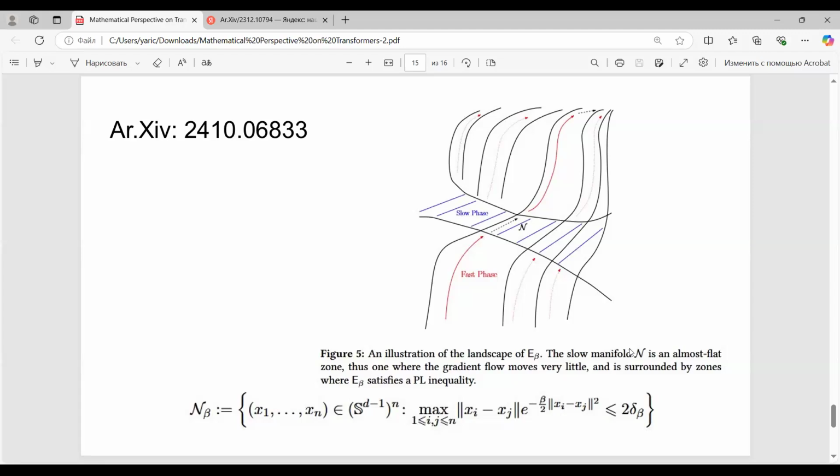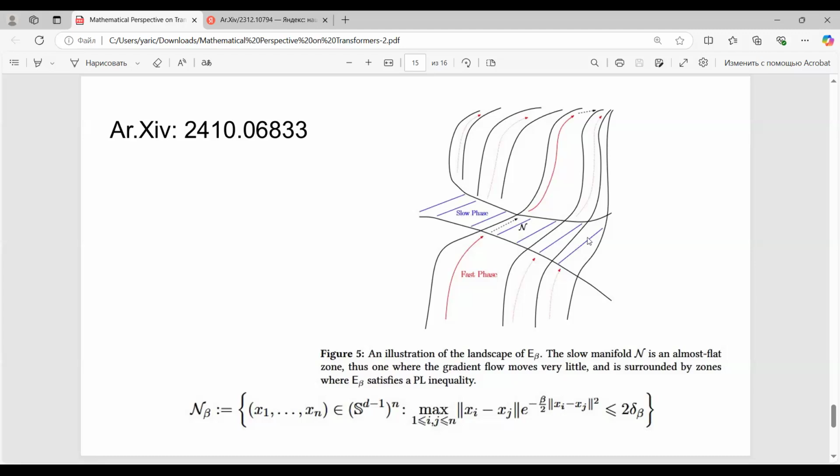Actually, they prove it just for dynamics where d equals 2, and they say that they believe the same proof holds for higher dimensional dynamics. This is literally how they tell this in their article, and yeah.